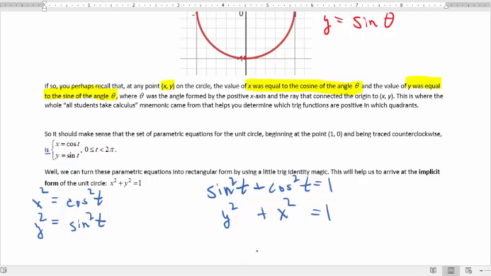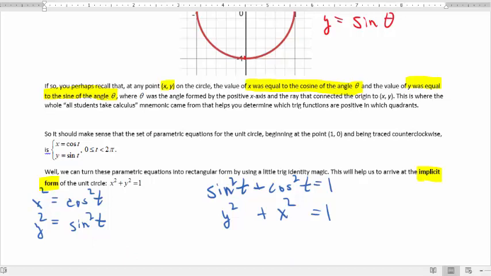So there it is, we're in rectangular form now: y squared plus x squared equals 1, or, as it would normally be written, x squared plus y squared equals 1. That's what we call our rectangular form of the unit circle. More specifically, it's known as the implicit form, because it's not solved for y or even for x. It's just given in that form, y squared plus x squared equals 1.